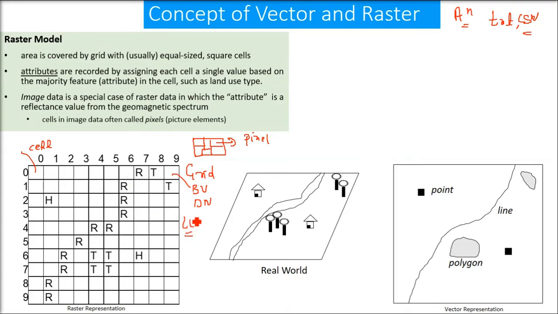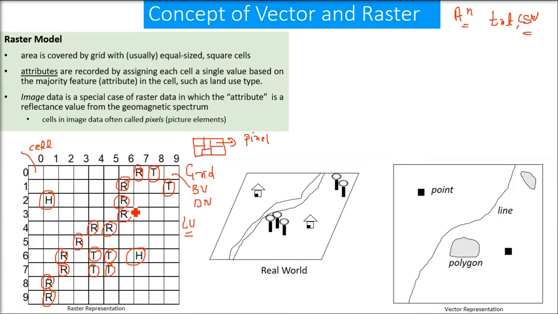So let us assume that this is a raster of land use. This 2 and these 4 are, say, transport area. This RR stands for residential cells, residential pixels, or this pixel corresponds to the residential area on the real ground. This H can be, say, hospital area or human settlement.